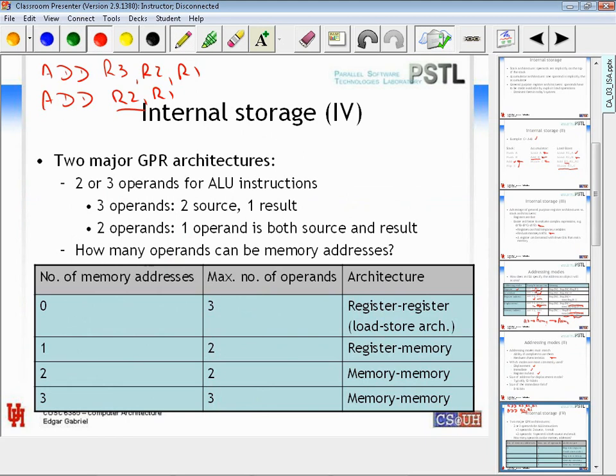You have after that also so-called register memory architectures where you are operating with 2 operands, out of which 1 is allowed to be a memory address.